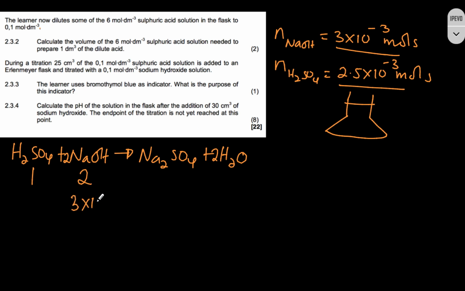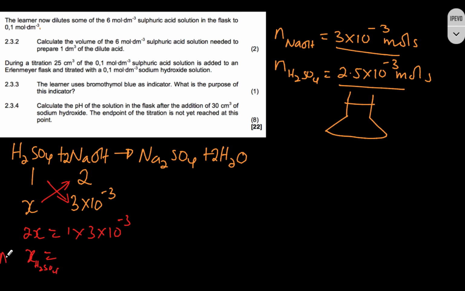Hence, this simply means that if we have this number of moles of sodium hydroxide, which is 3 times 10 to the power of negative 3, we can determine how much of the sulfuric acid reacted. So 2x is going to be equal to 1 times 3 times 10 to the power of negative 3, where x is the number of moles of sulfuric acid that reacted.